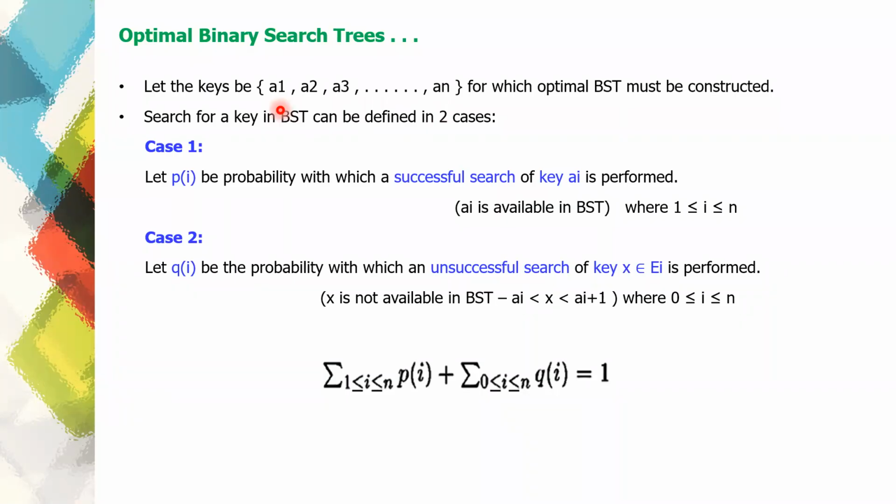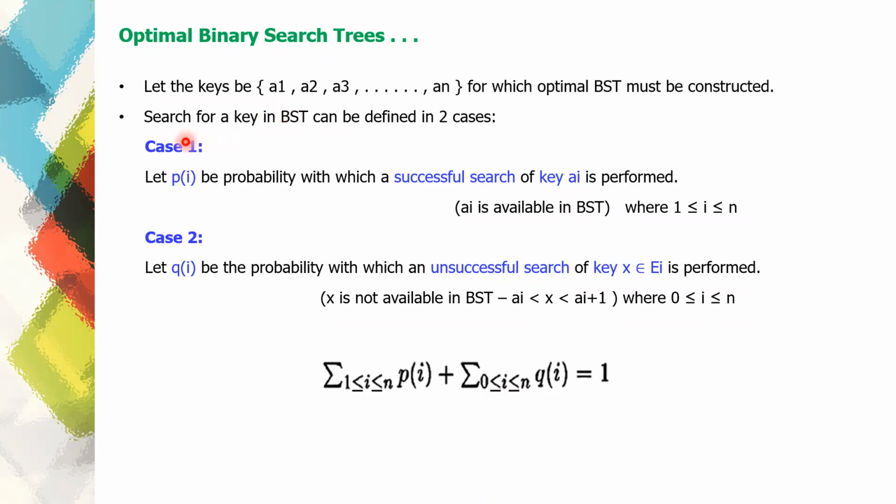Then you are going to take the average. That average will give you the cost of the BST. And as such, for a given n number of keys, you will be able to construct many BSTs, and the BST that has minimum cost will be called an optimal BST.